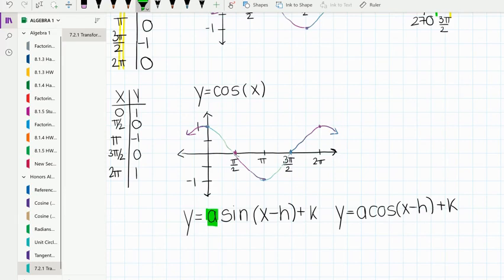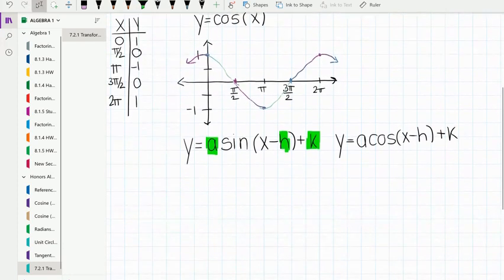And we'll talk about that as we go through. h is going to be your horizontal translation, so moving it right or left. And k is going to be the vertical translation, or sorry, it is the midline.